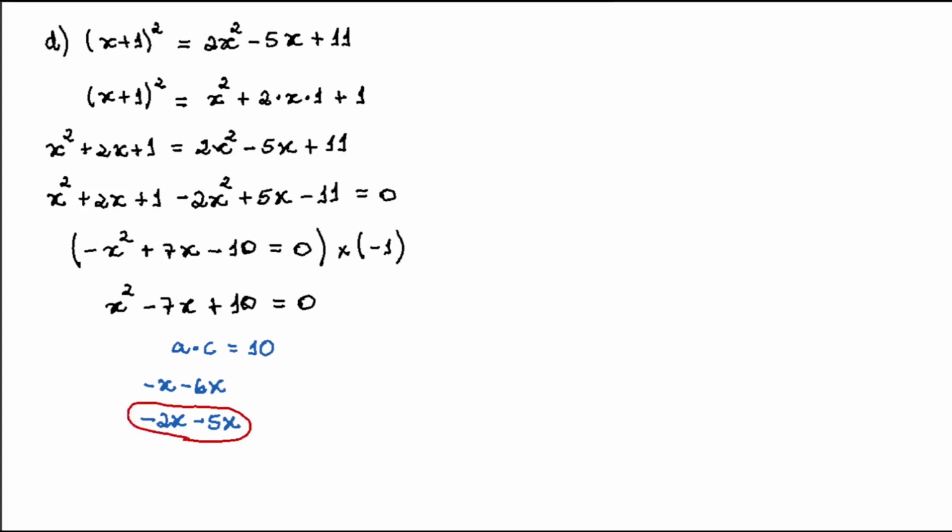Rewriting the equation, substituting the middle term by the two terms, x squared minus 2x minus 5x plus 10 equals 0. Grouping the terms in pairs, we have x squared minus 2x plus minus 5x plus 10 equals 0.